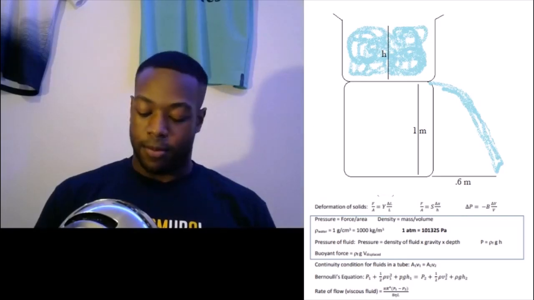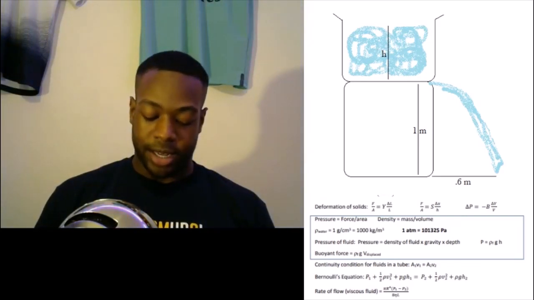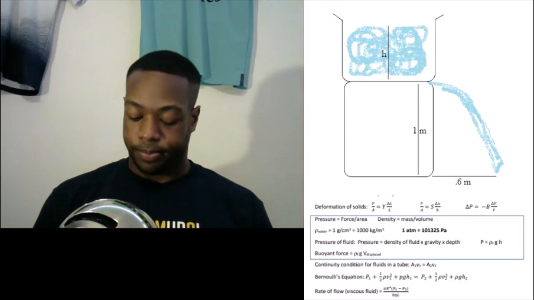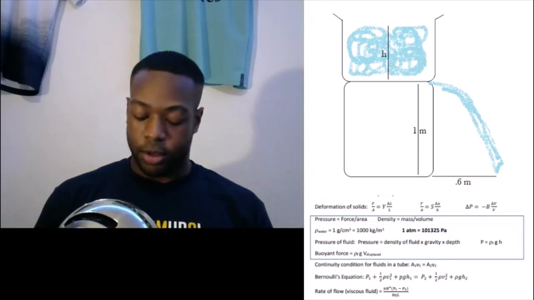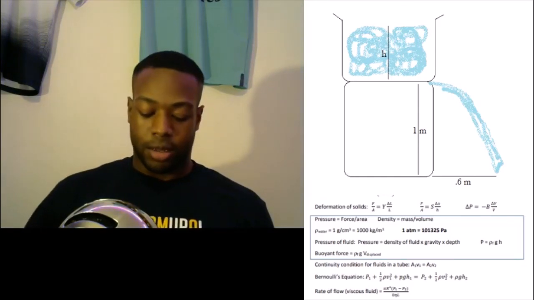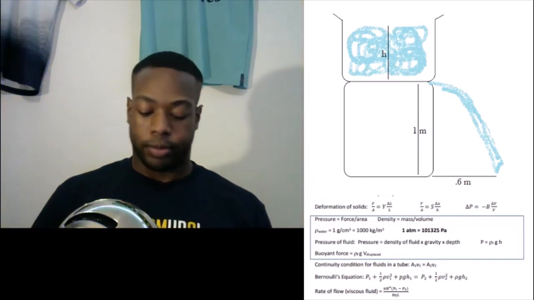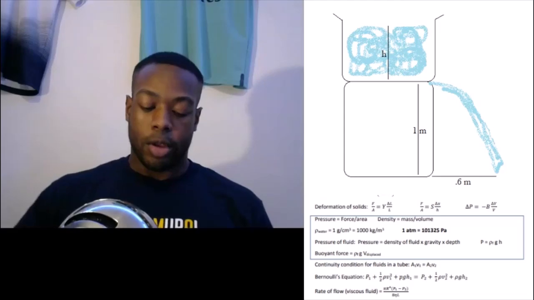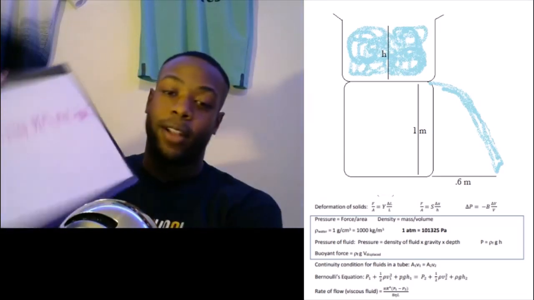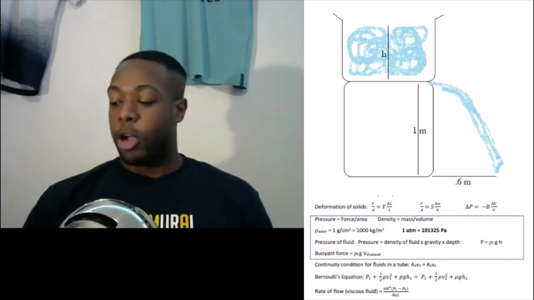So that may have made a little sense, but the idea is that velocity 1 is going to be super negligible. So we're going to cancel out that velocity on the left side as well. Let's just erase and clear up what we have.